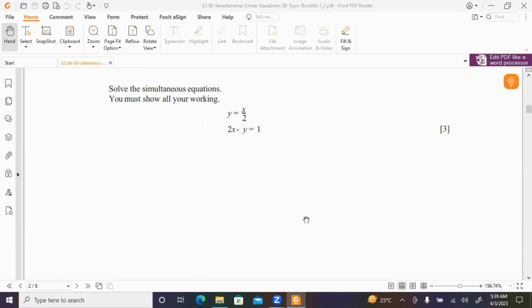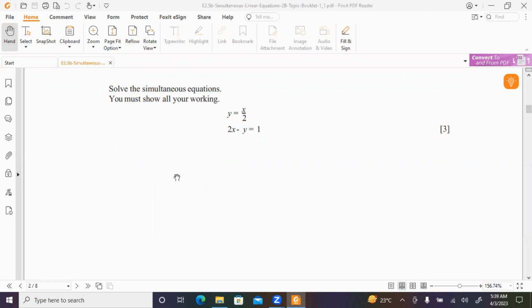Today we're going to solve some complicated questions for simultaneous equations. The first question says solve the simultaneous equations. You must show all your working. If you remember the previous video, we did not have fractional terms in the equations; we just had linear equations with whole numbers.